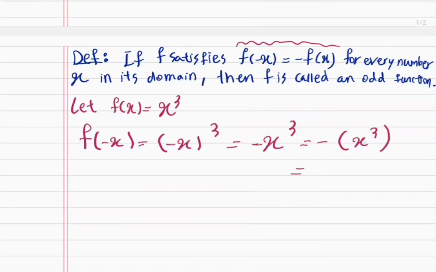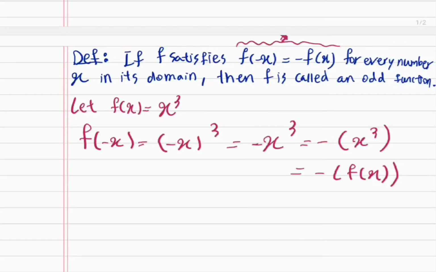And also we know that x cubed is equal to f of x. So we have minus f of x. And this is exactly what is written here. Basically, this satisfies this condition, and that means that x cubed is an odd function.